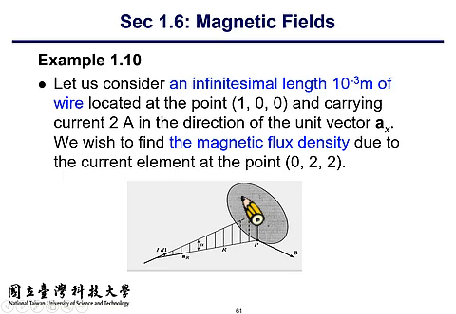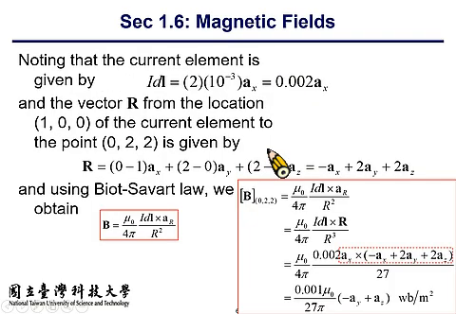So the source position is 100 and the amount of current is 2 amp and the observation point is actually 022. One thing I forgot to mention is that the current direction is pointing to the positive x direction, so it's addressed as AX. How to deal with this problem?